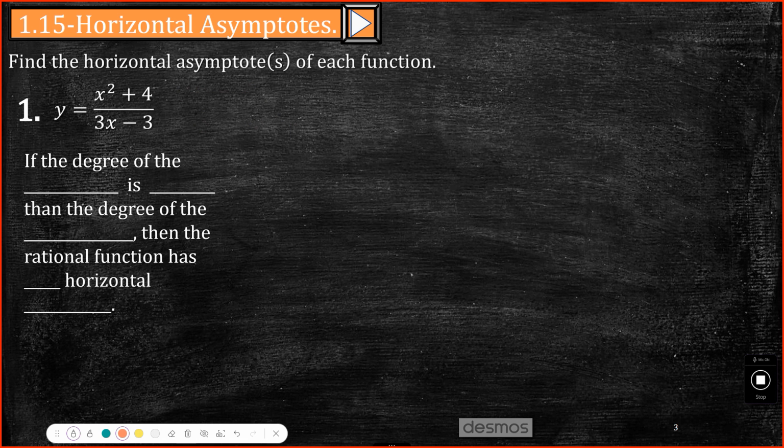If the degree of the numerator is greater than the degree of the denominator, then the rational function has no horizontal asymptotes.